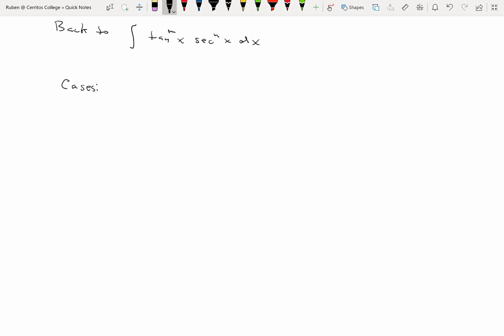Cases, m and n. The first case we're going to look at takes care of two possibilities. That'll make sense in a second. This first case is n, as in Nancy, n is even.